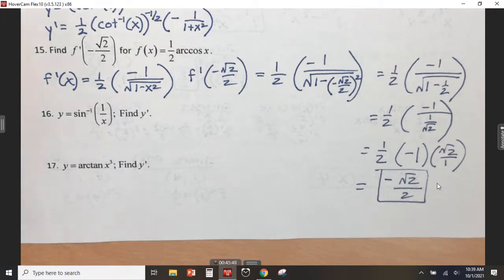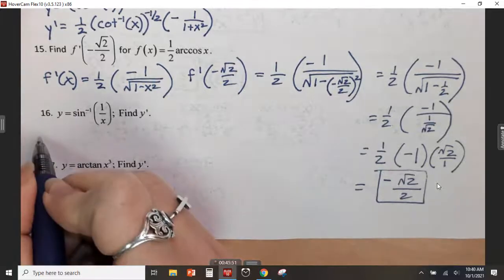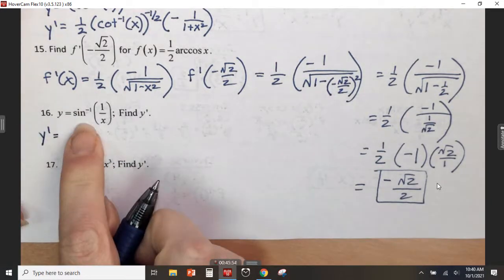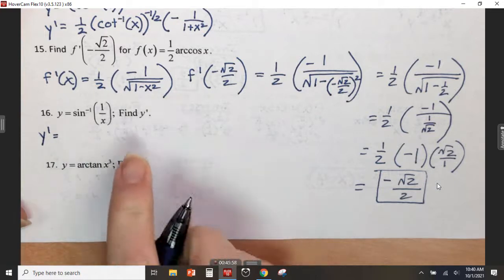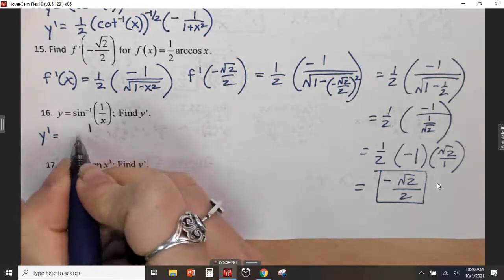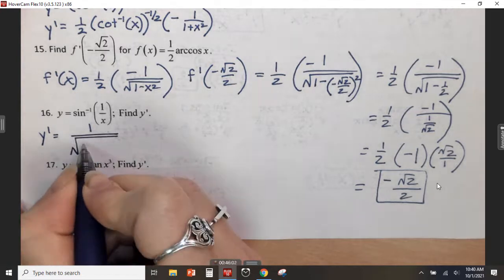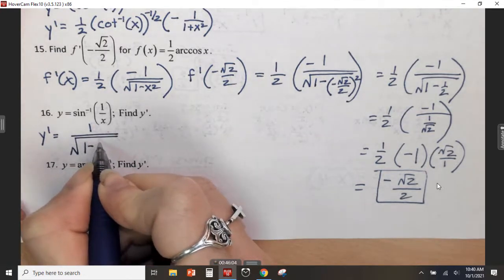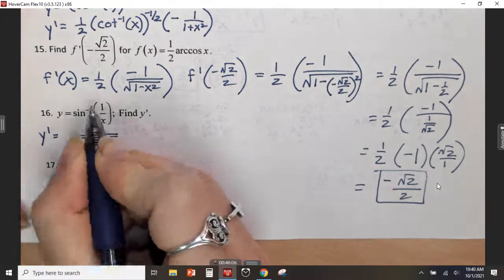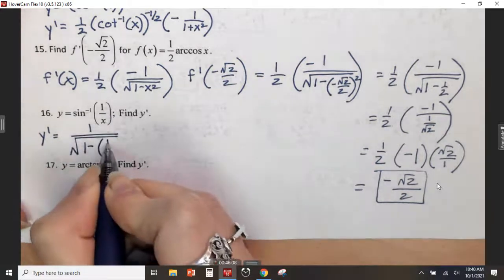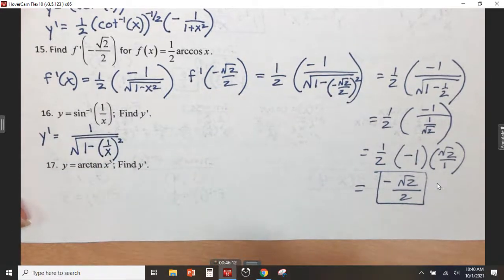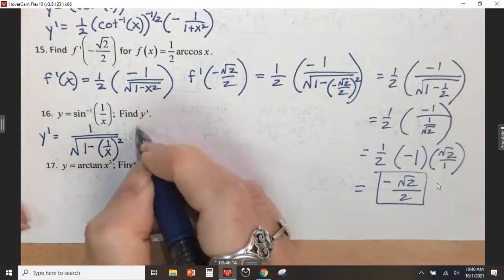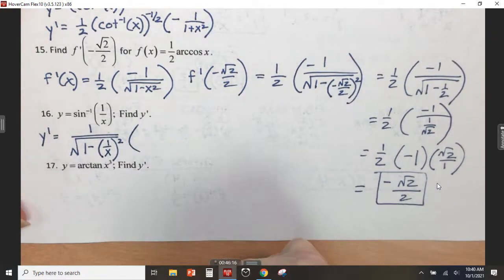All right, number 16. Find y prime. The outside function is inverse sine. So I'm going to take the derivative of the inverse sine, which is 1 over the square root of 1 minus x squared. But in the place of the x, I'm going to copy the inside function, 1 over x, quantity squared. And then I'm going to multiply the whole thing times the derivative of the inside function.